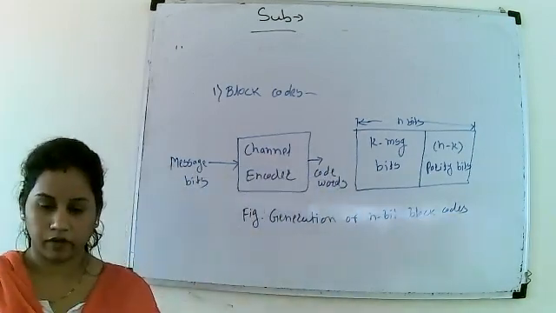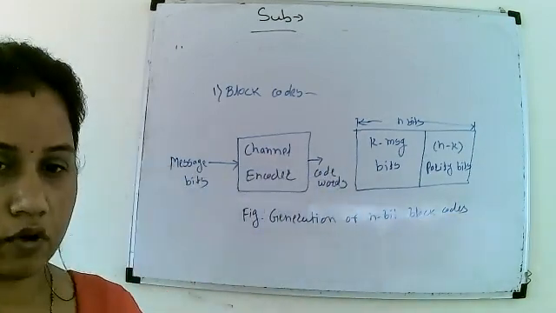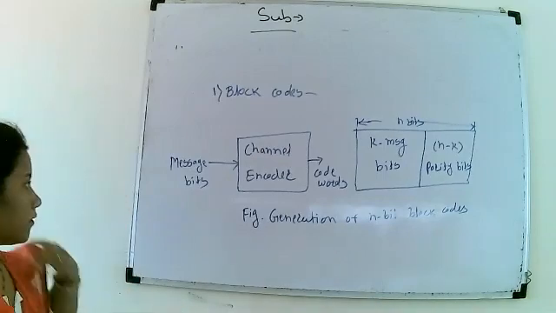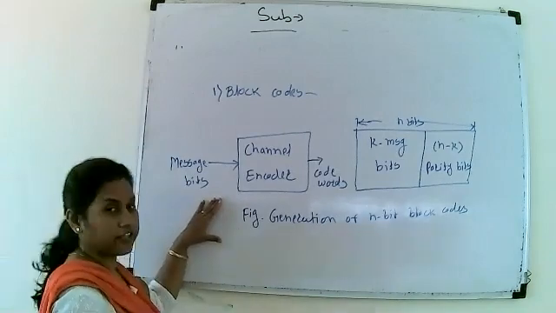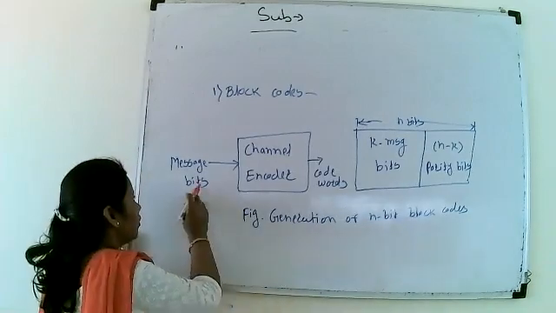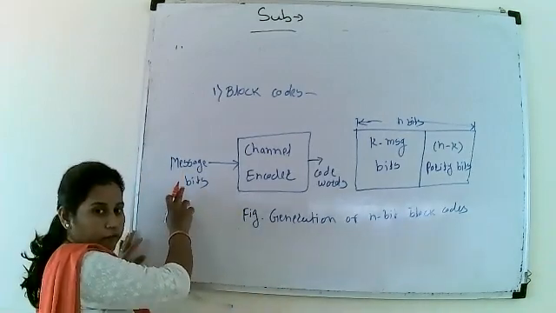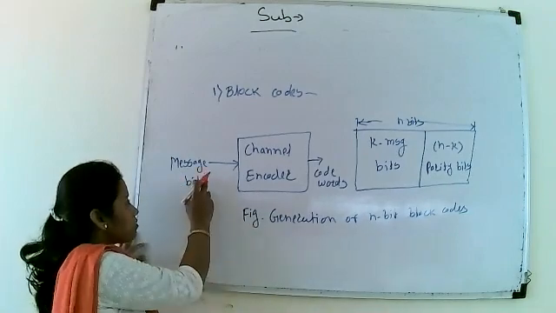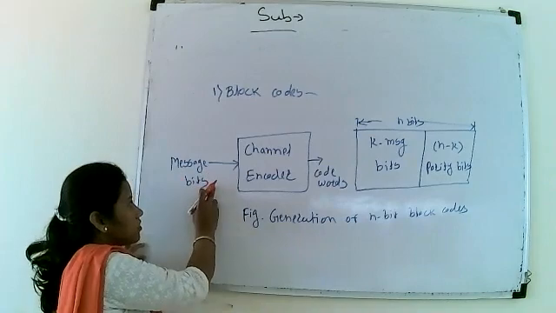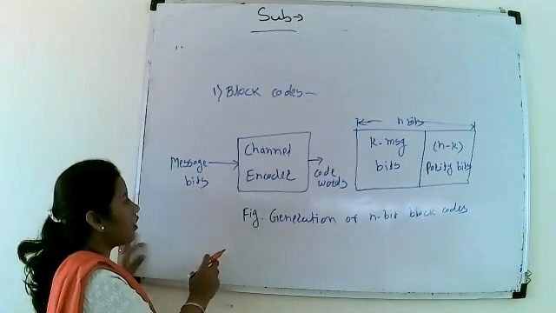See what will happen in the block code. We have the channel encoder. Whatever message bits we want to transmit are given to the channel encoder.